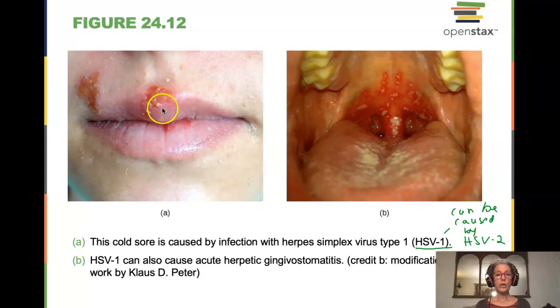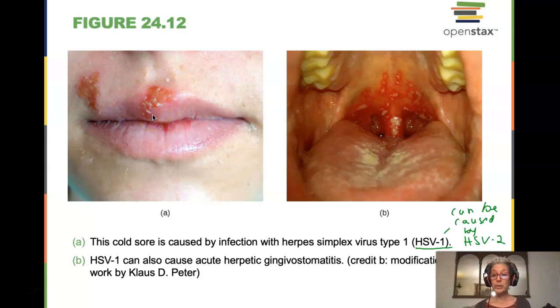This is a cold sore caused by herpes simplex virus 1 or HSV1. It can be on the lips, around the lips, it can even be inside the mouth. This is a virus that a significant portion of the population has, and many people will suffer from the outbreaks of these extremely painful blisters.